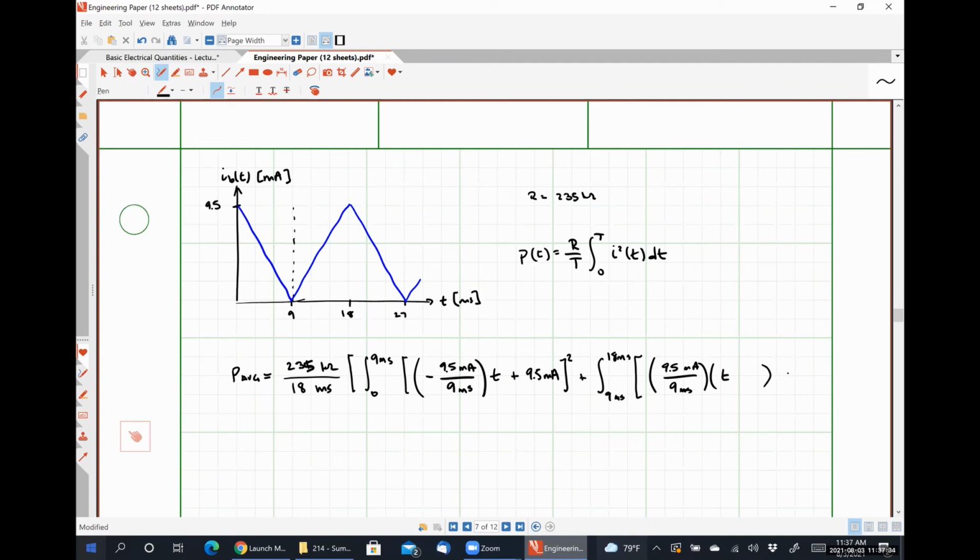I have a y-intercept at t equal to 9 of 0 milliamps. And because I've shifted this 9 milliseconds to the right, I'm going to use t minus 9 milliseconds as my variable. So it's now in that y equals mx plus b format, shifted 9 units to the right.